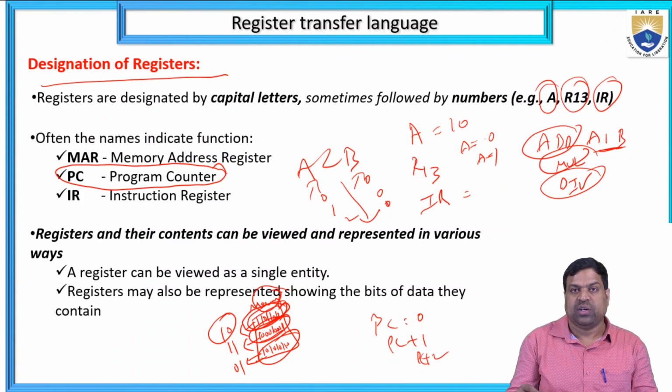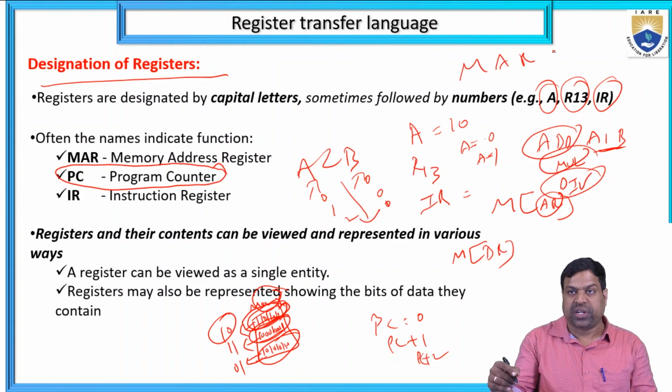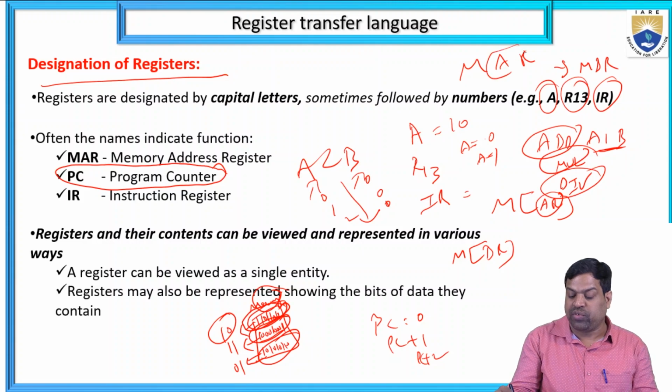The data is there, but where is it stored? It is stored in the M of AR, or memory address register. So in this address the data is there. What is the data? M of DR, the memory data register. So memory address register means the particular address, and in the particular address the data is there, which is the MDR, memory data register.